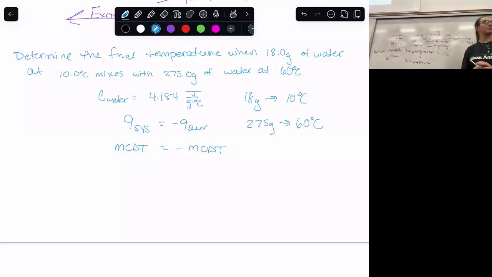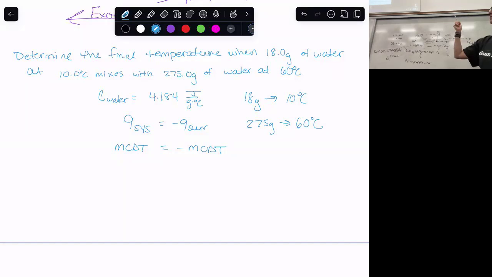So our hot one has to get colder and our cold one has to get hotter. So in order to meet in the middle, we have to release heat from the 275 and give that heat to be absorbed into the 18 one.